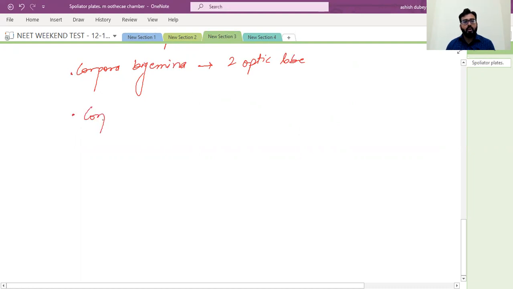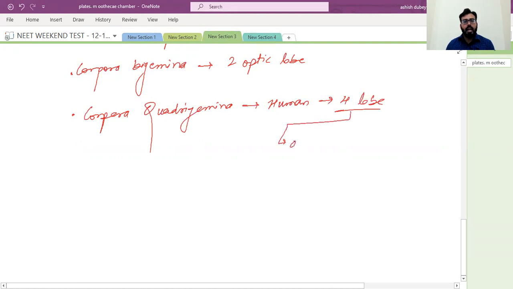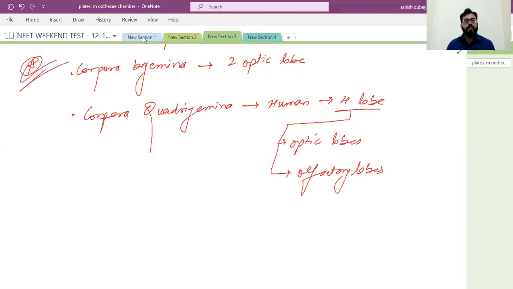And corpora quadrigemina is in the case of human beings, where there are four lobes, superior and inferior, acting as optic lobes, one pair, and olfactory lobes, another pair. So this can also be the pattern of framing the question.